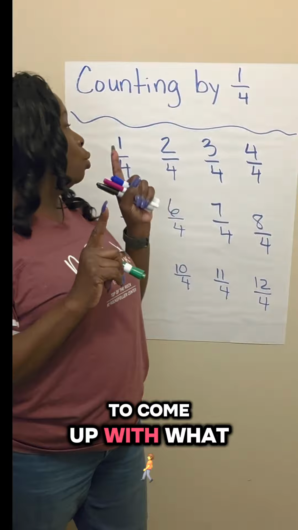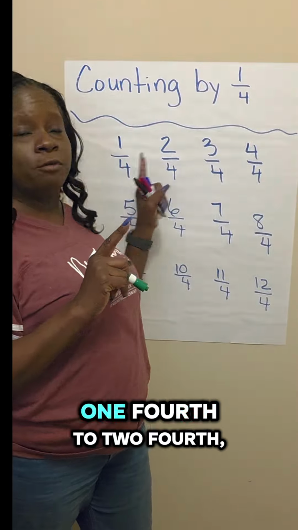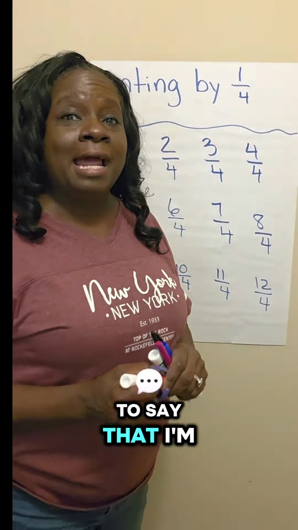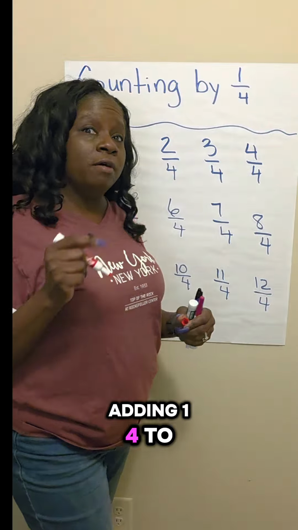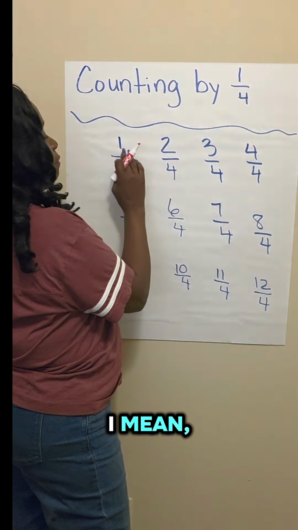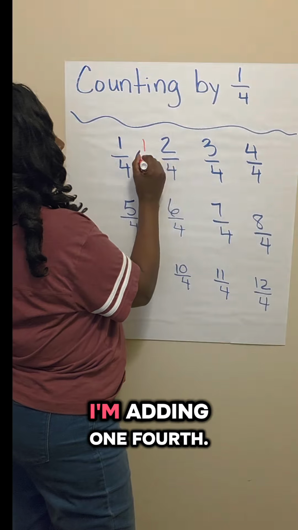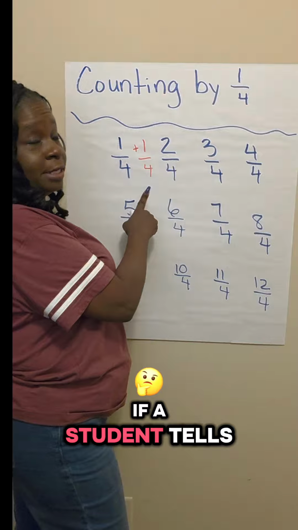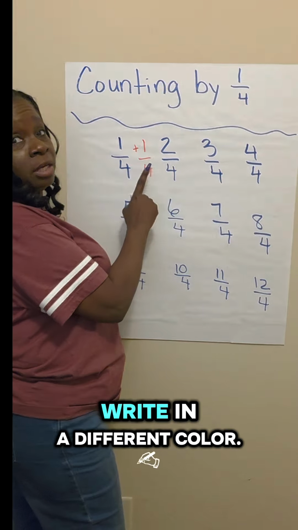what happens when I go from 1/4 to 2/4. Hopefully the students are able to say that I'm adding 1/4 to get to the next number. So from 1/4 to 2/4, I'm adding 1/4. So I'm going to put plus 1/4 there. If a student tells me that, that's what I'm going to write in a different color.